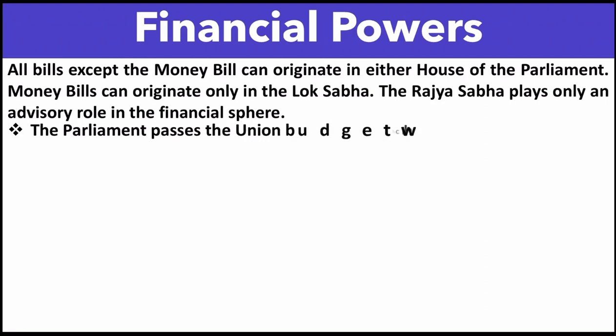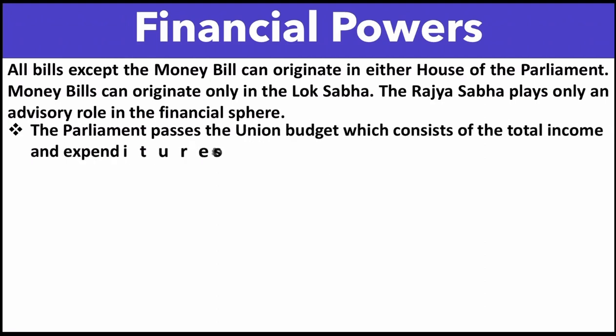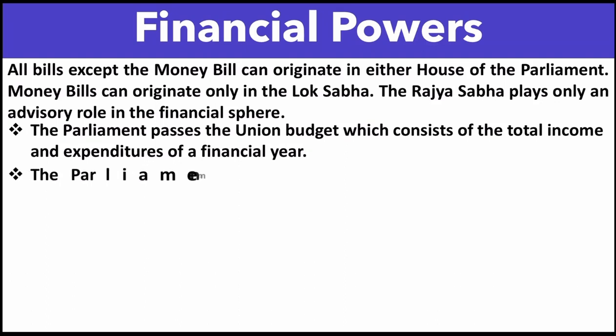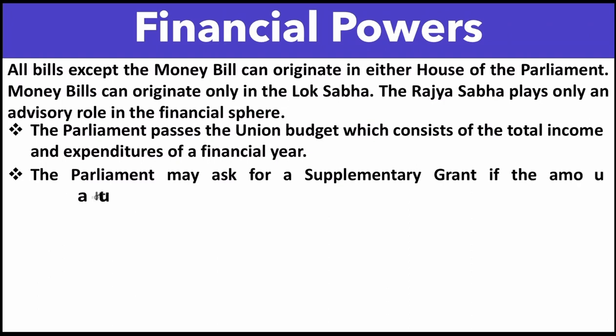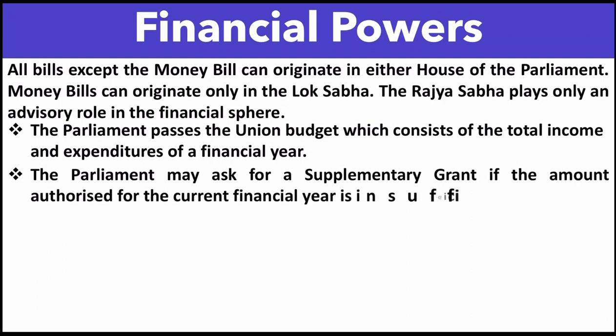The financial powers are: number 1, the parliament passes the union budget, which consists of the total income and expenditure of a financial year, whereas the parliament may ask for supplementary grants if the amount authorized for the current financial year is not sufficient.